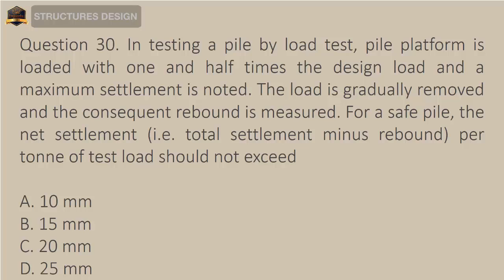For a safe pile, the net settlement, that is total settlement minus rebound per ton of test load, should not exceed A. 10 mm, B. 15 mm, C. 20 mm, D. 25 mm, E. 30 mm. The correct answer is option D, 25 mm.